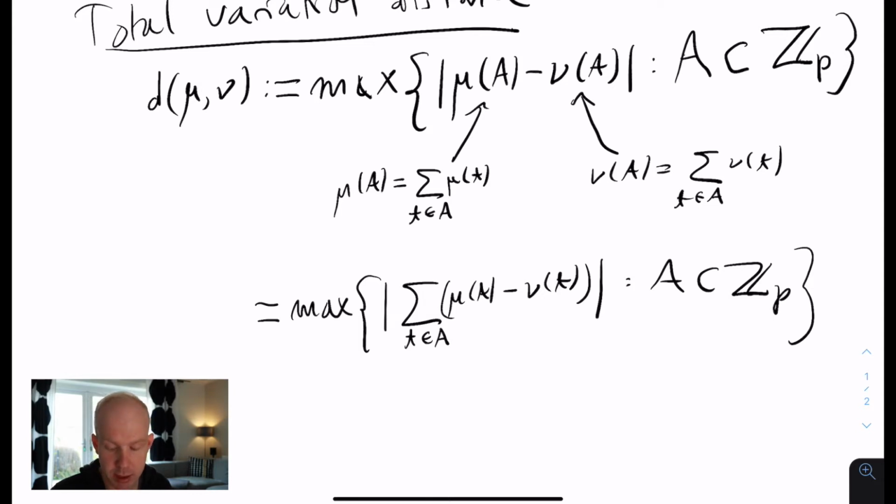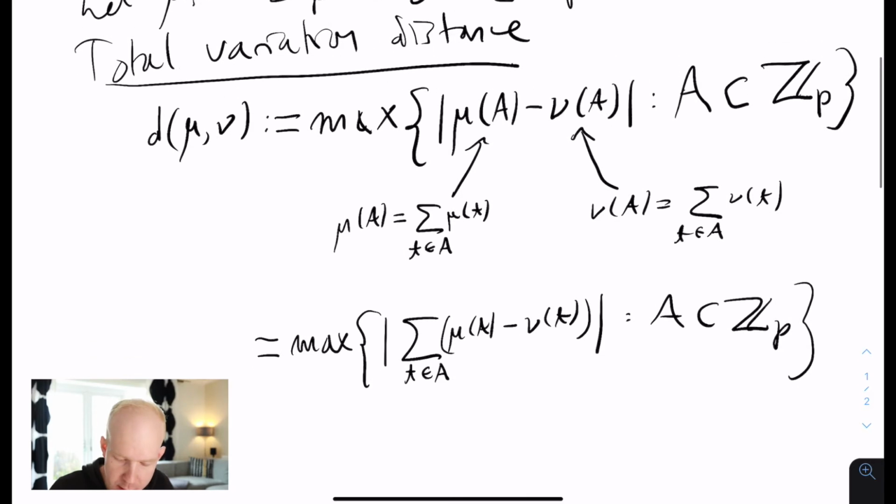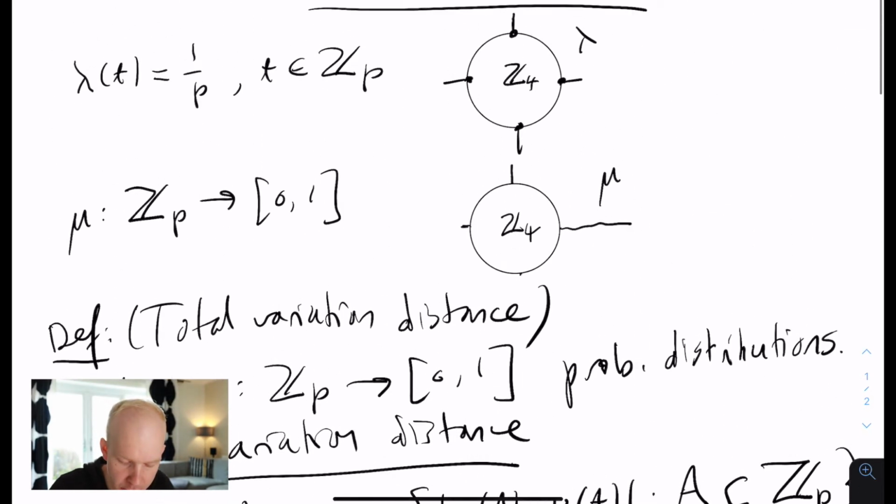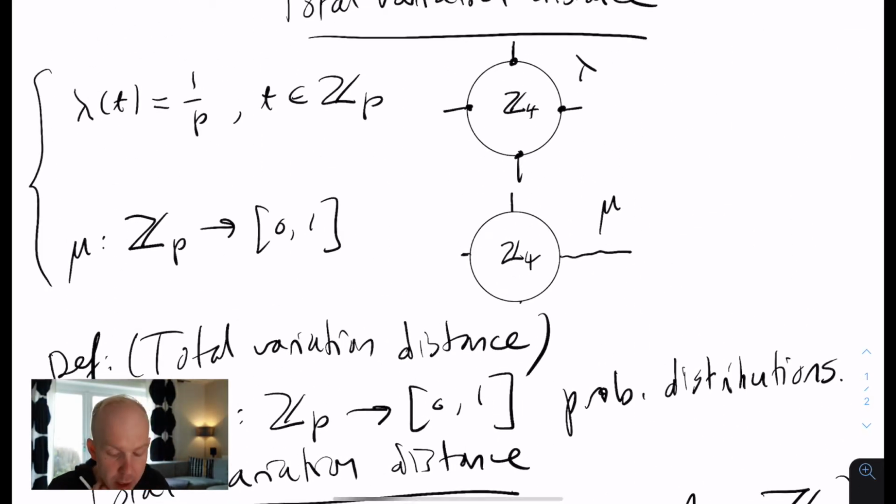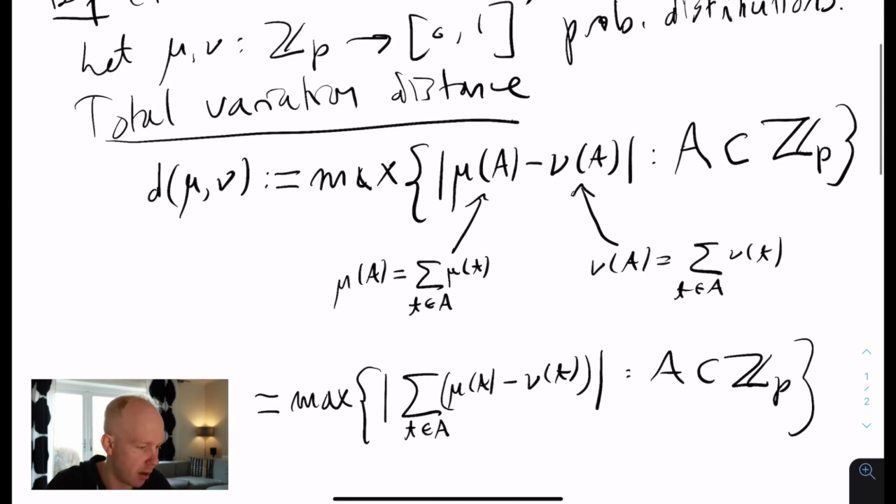But basically, you can just take this as some notion of distance between probability distributions. In particular, we are interested in the distance, let's say, between mu and the uniform distribution, which would be the situation when something is as random as possible. So that's the main situation.